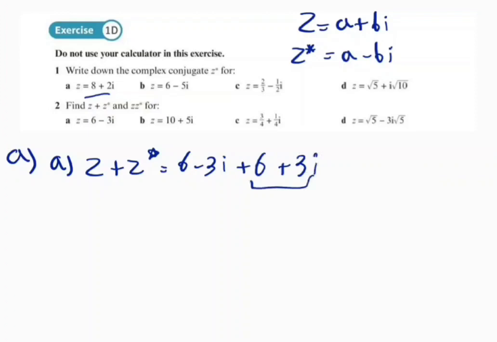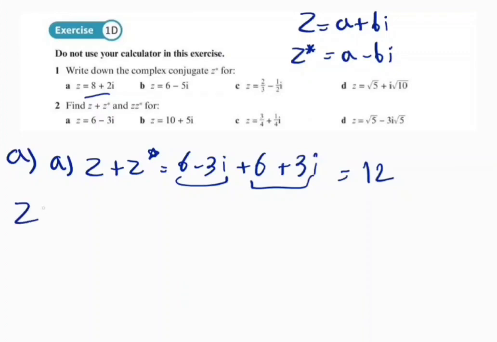Remember that this one is the complex conjugate of the first one, or you can say it the other way around. The sum of this is just 12. The imaginary part will be gone because they cancel each other out.